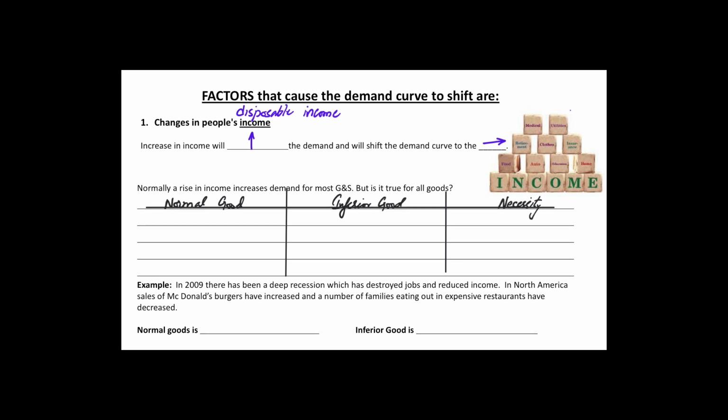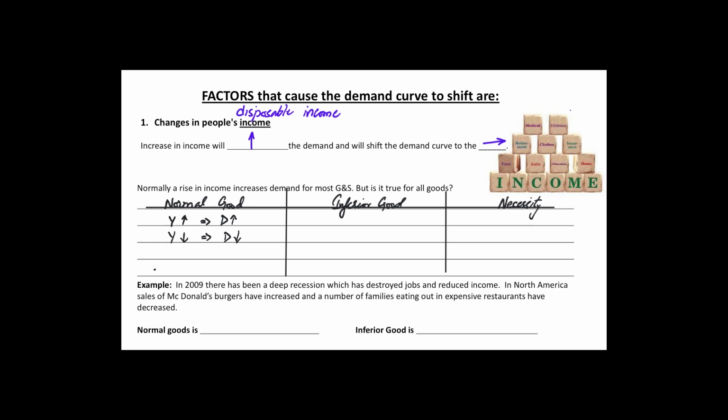If your income goes up and you start buying more of that good, understand these are your normal goods. If income goes down, you will demand less of these goods.